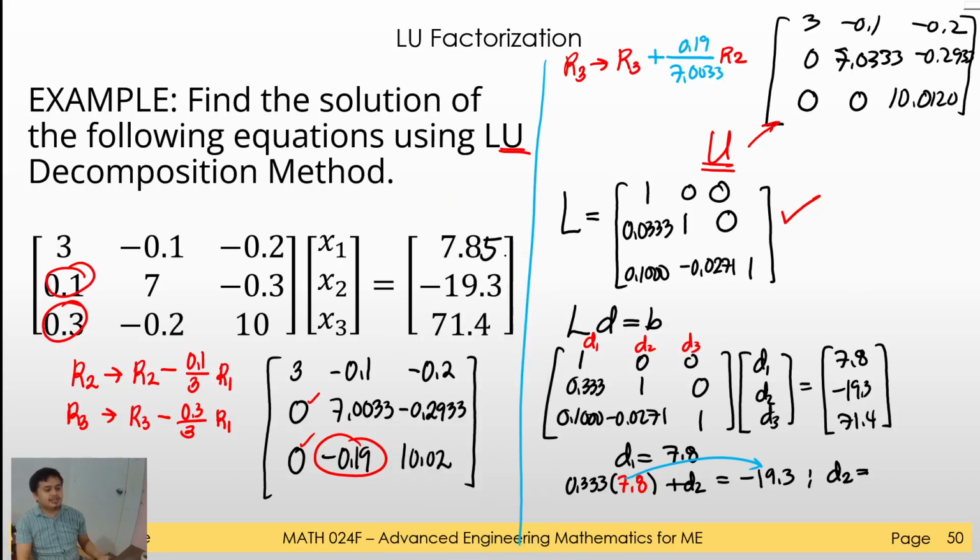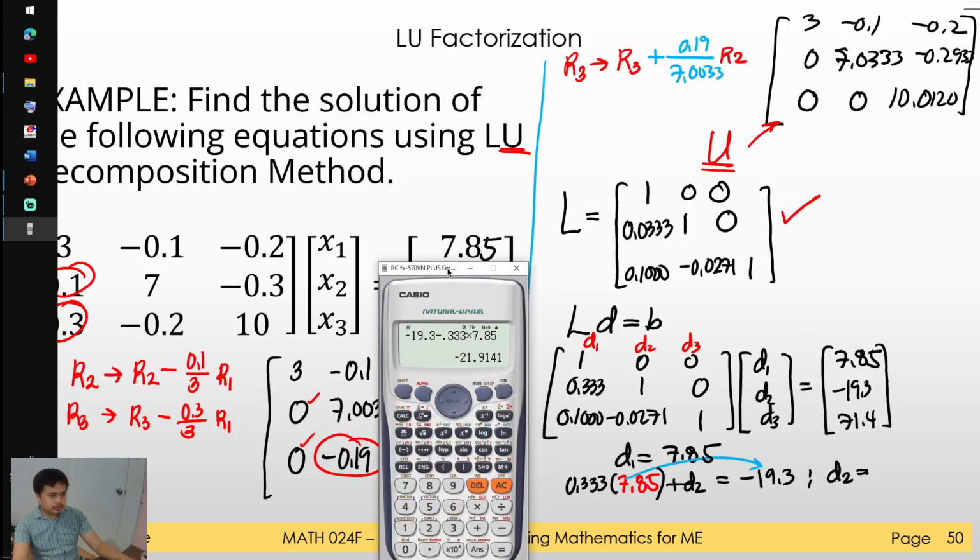Okay, sorry. This should be 7.85. I'll just change this. So this would be 7.85, and this will also be 7.85. Okay, and then D2, let's check this.